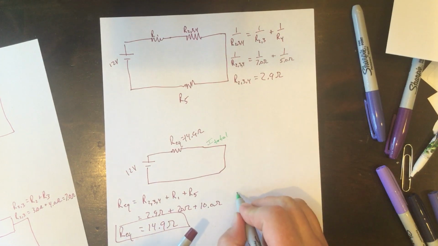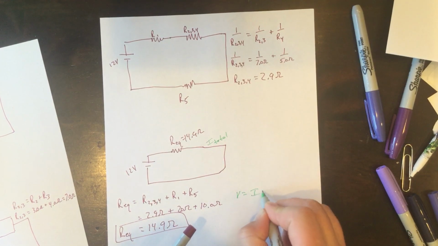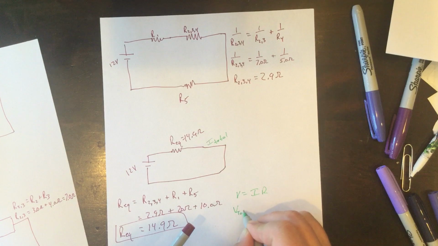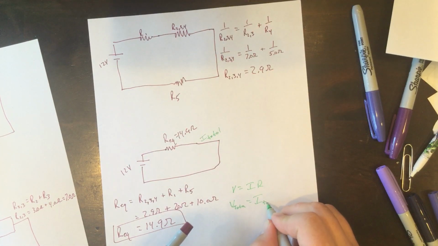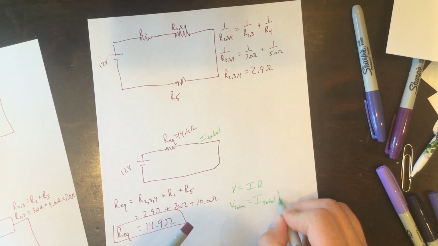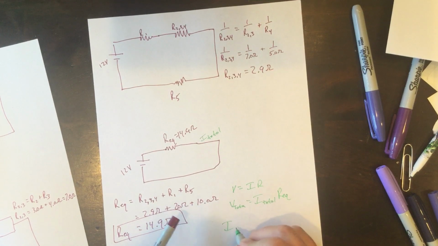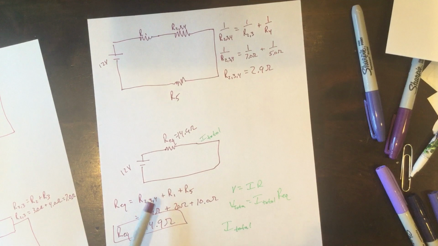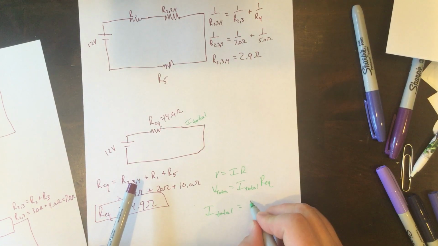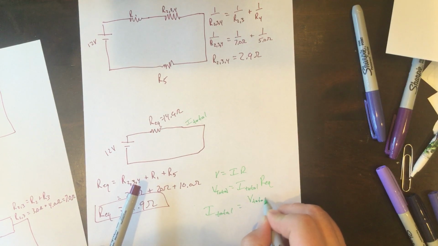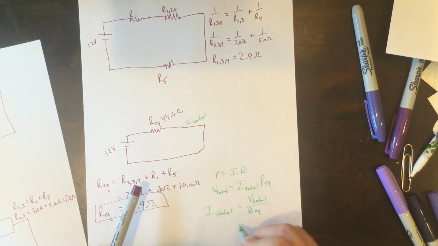All right, and so V equals IR. That's the total voltage, which we have here. It's equal to the total current times the equivalent resistance. Okay. It's equal to V divided by Req.